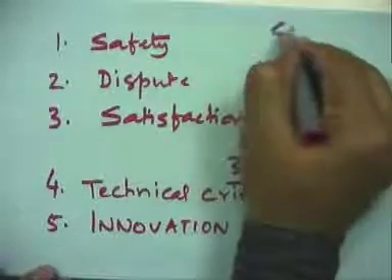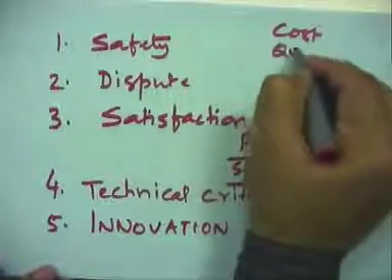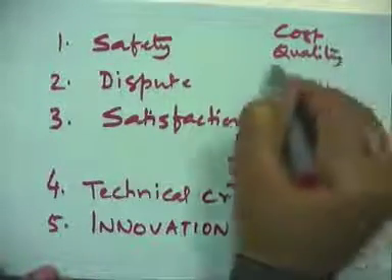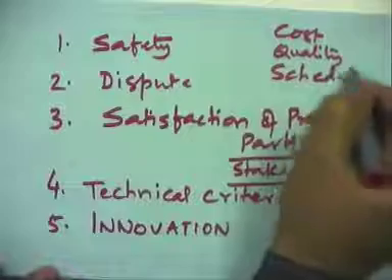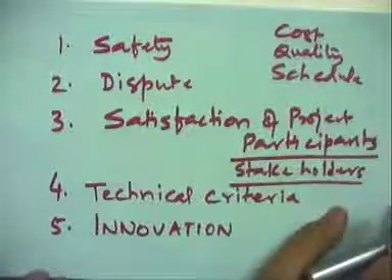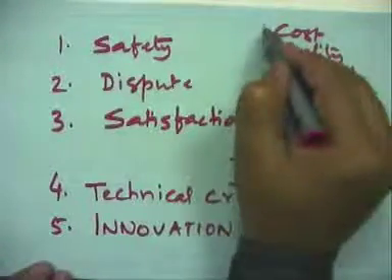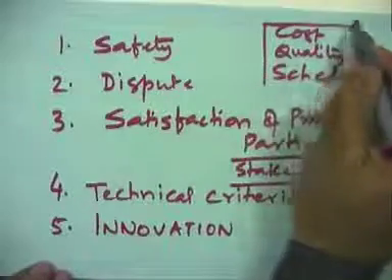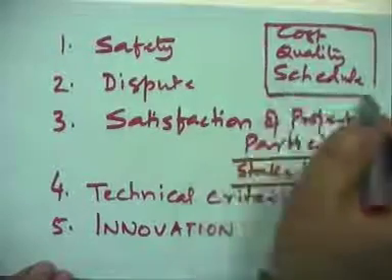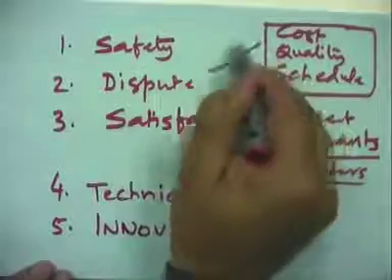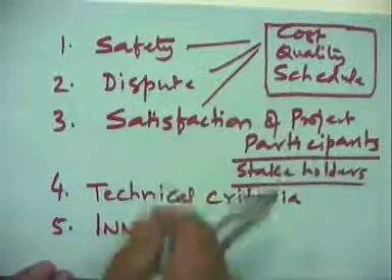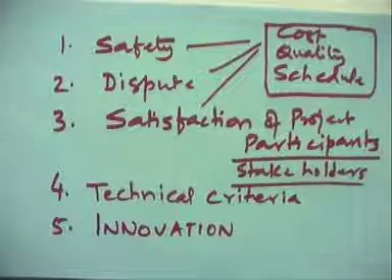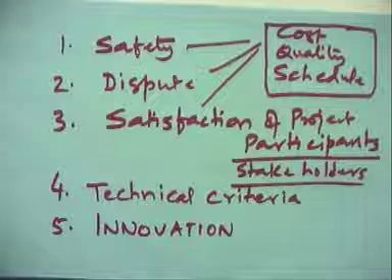So you have cost, quality, schedule or time, whatever you say. These are the traditional sets of performance criteria, and other criteria are also given in this particular piece of paper.